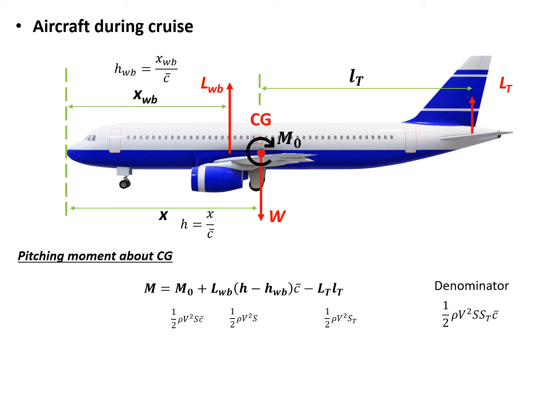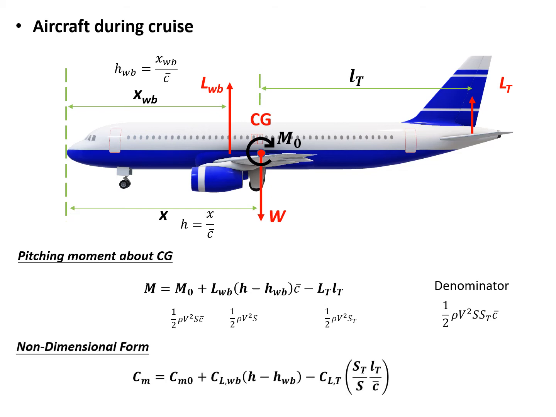For the pitching moment, we divide the left hand side and the right hand side by the same denominator, and we do some manipulation. Eventually we can rewrite the pitching moment equation in the non-dimensional form, Cm. It looks more concise than the dimensional form.